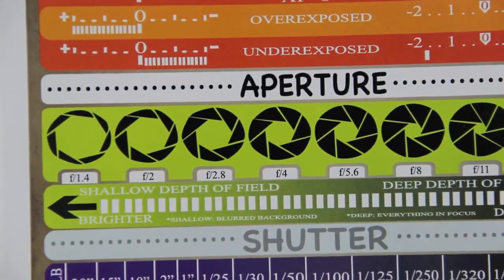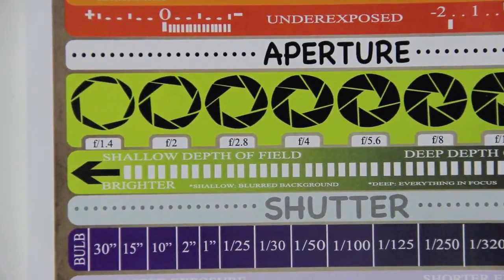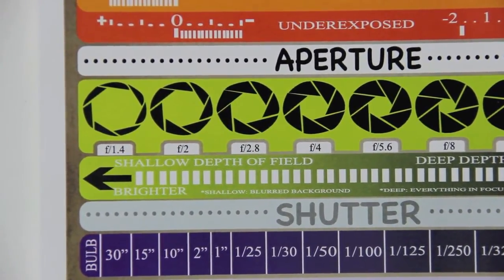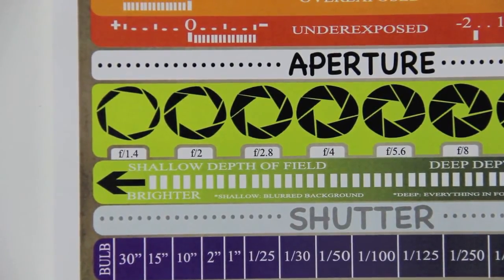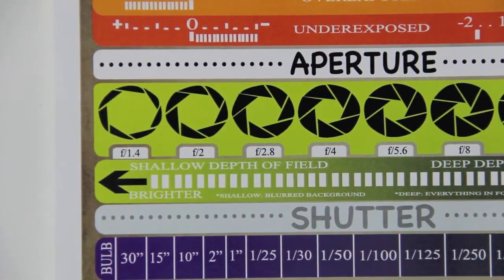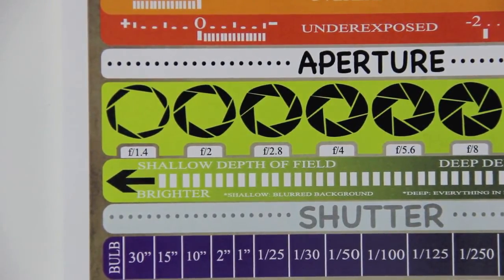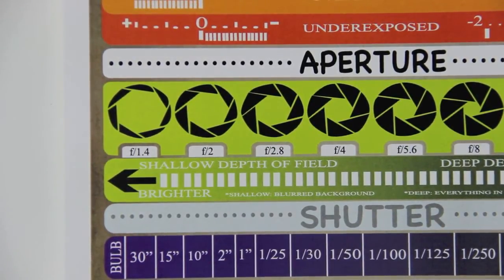Now aperture. I tell people to think of it as your eye or like a portal hole of some sort. The lower the number, obviously the more light. That's why a lot of the top of the line cameras offer 1.2. Some go a little lower, but 1.2 is pretty common.